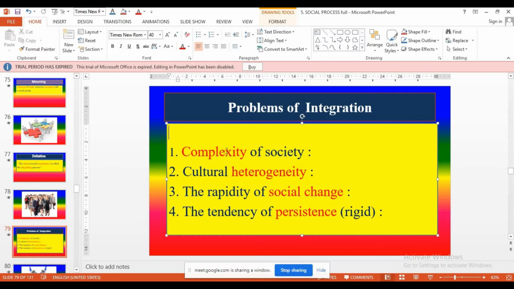Second, cultural heterogeneity. Hetero means more than one. Every people, every section of the population has a different culture, which leads to problems for integration. Third one, rapidity of social change.